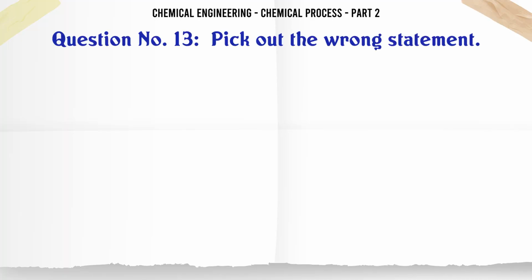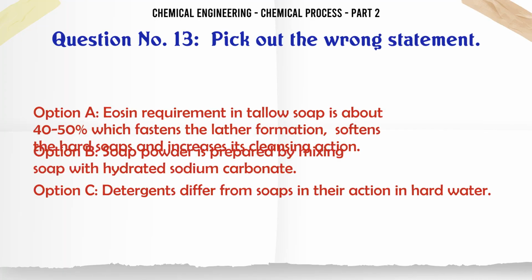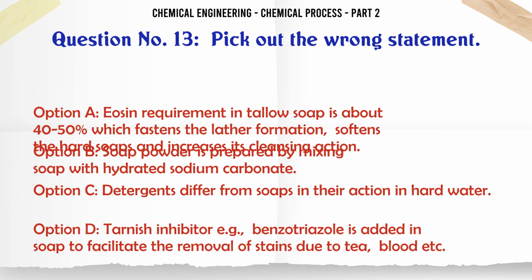Pick out the wrong statement. A. Eosin requirement in tallow soap is about 40-50, which fastens the lather formation, softens the hard soaps and increases its cleansing action. B. Soap powder is prepared by mixing soap with hydrated sodium carbonate. C. Detergents differ from soaps in their action in hard water.